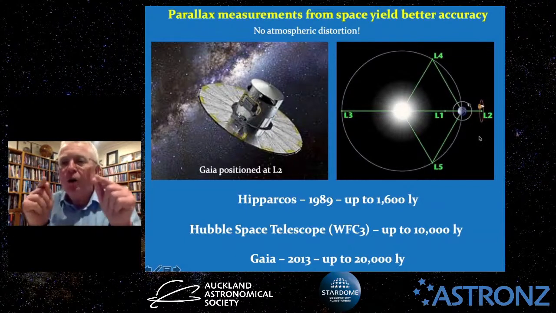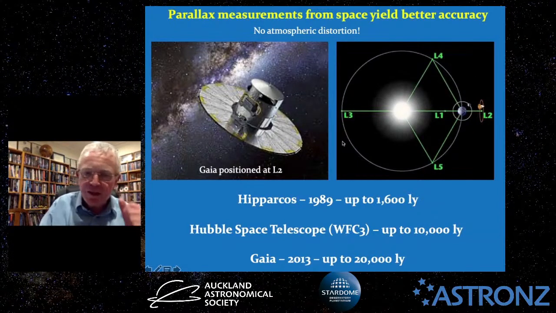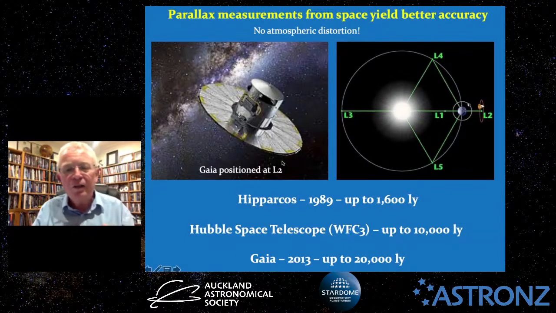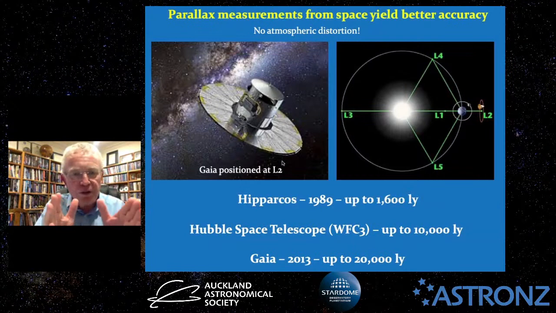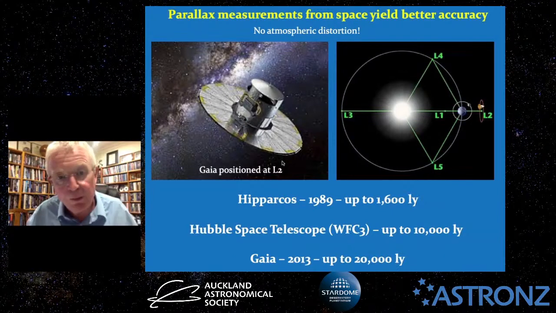In May, we're going to do a whole talk about the James Webb Space Telescope, which is based up there, and we're going to talk more about L2. Gaia's sole purpose is to really get good positions in space of where stars are, and that's accurate up to about 20,000 light years. It's pretty cool, isn't it, compared with the 300 that astronomers could only do before the space age.